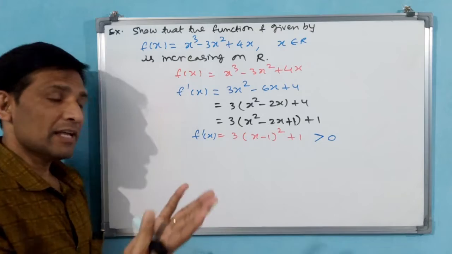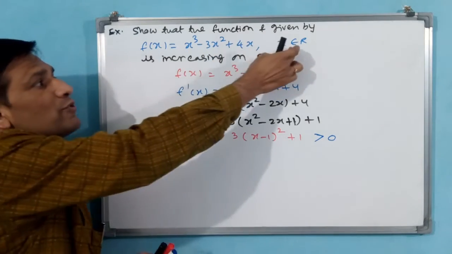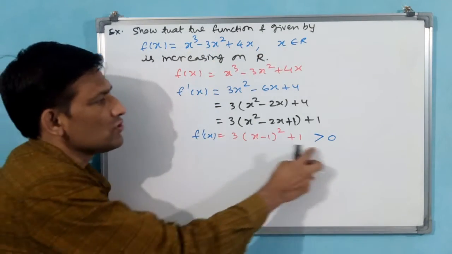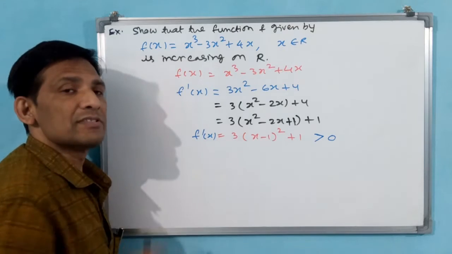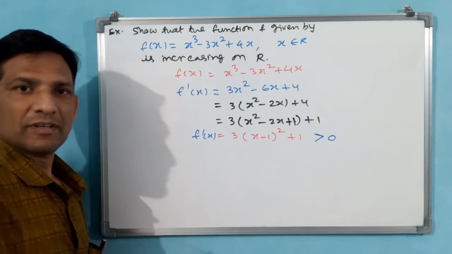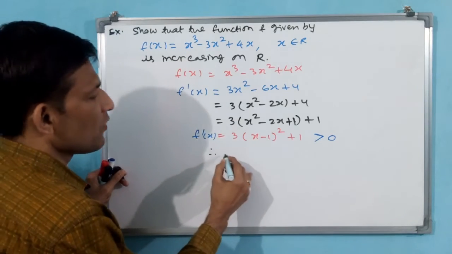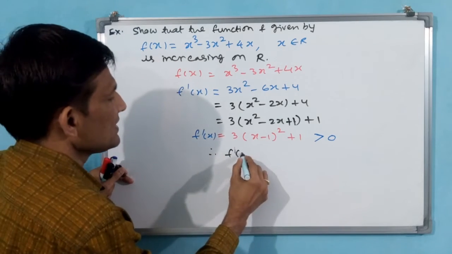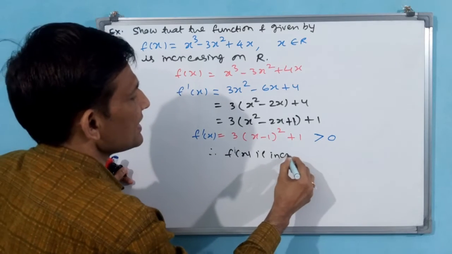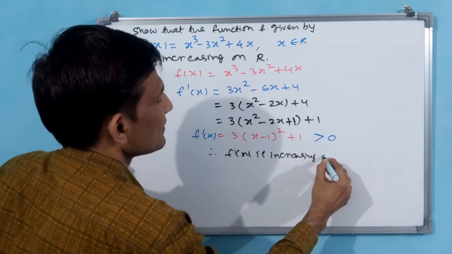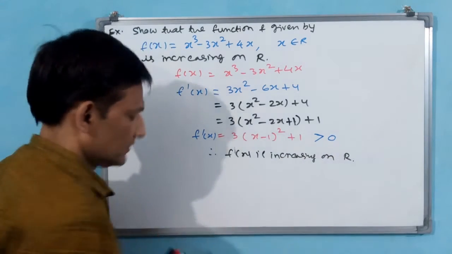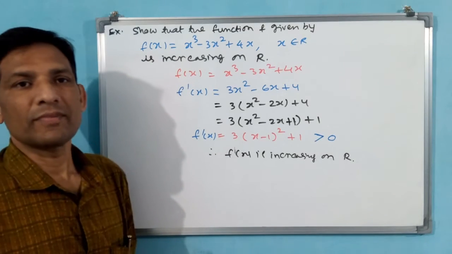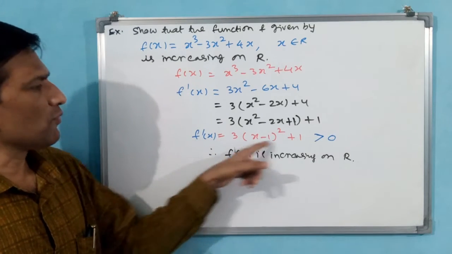Greater than 0? Yes. That means whatever number you give in real numbers, this is going to make f dash x greater than 0. Therefore, f of x is increasing on R. This is the proof, that's all.